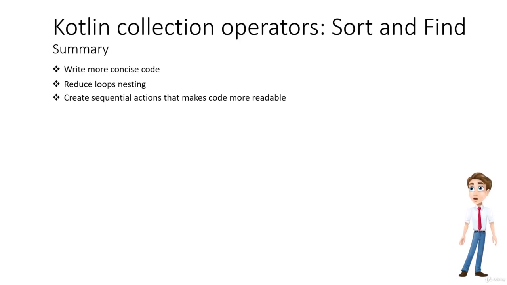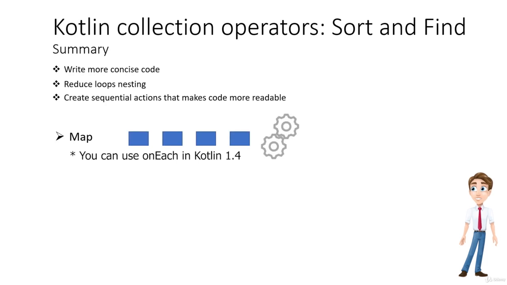We are not going to be detailing them anymore, but let's step a bit back and talk about map, because we have talked about map in the previous lesson. We said that map is a good way to transform the items of a list to change their type. But in this lesson, what we learned is that if we have a list, we can actually change its content through map.